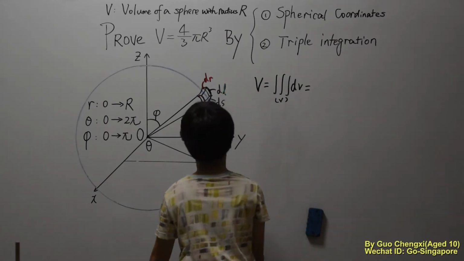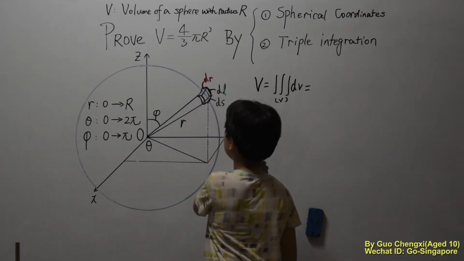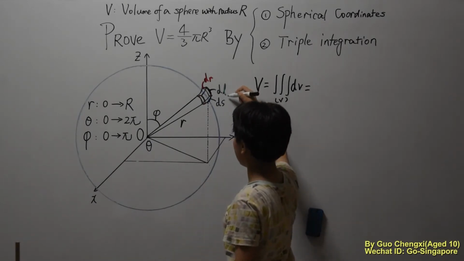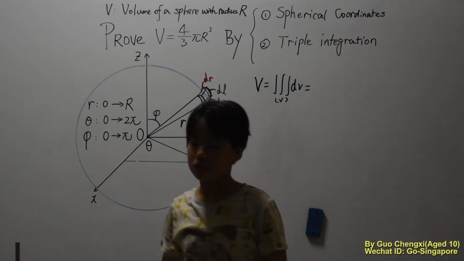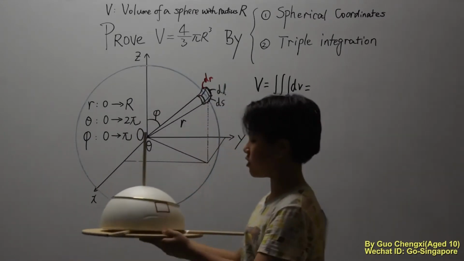So basically, don't get confused with ds and dl. They are both arcs.